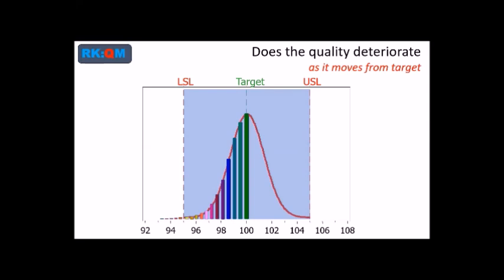How does this product of a different dimension to the target spec perform at the customer's plant or in the hands of the consumer, compared with product which is on target? At what dimension does it become unacceptable to deliver the product? I've already said that I do not believe that at the spec limit, it suddenly becomes unacceptable.